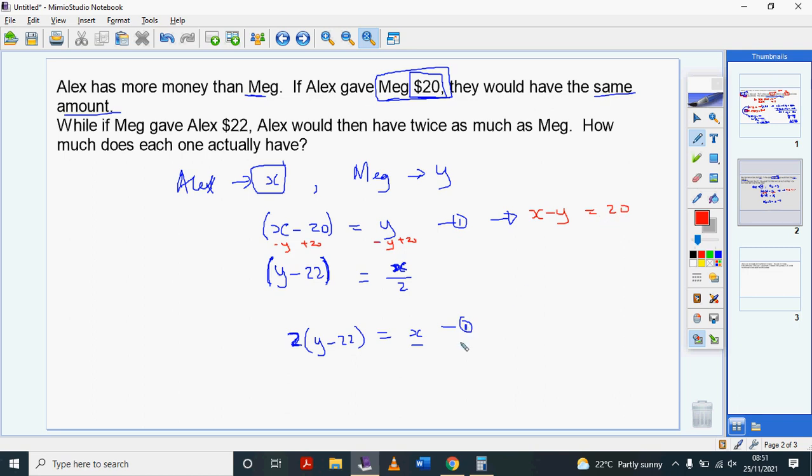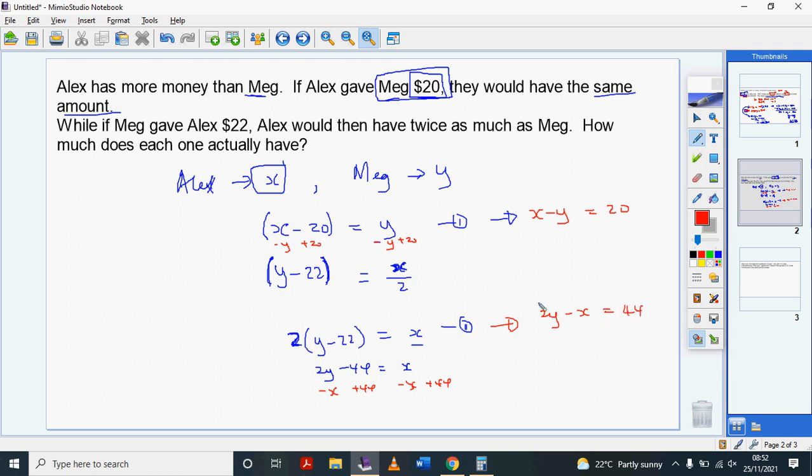This second equation, currently it is 2y minus 44 is equal to x, right? 2y minus 44 is equal to x. What I'm going to do is subtract x from this side, and then I'll add 44. Add 44. So the equation will become 2y minus x is equal to 44.